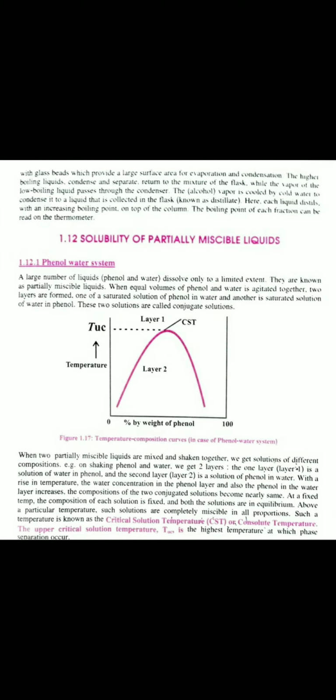The next system is the triethylamine water system. Here water and triethylamine are partially miscible above the LCST, the lower critical solution temperature. Here in the phenol water system we require the upper temperature, CST, to equalize both proportions of phenol and water.